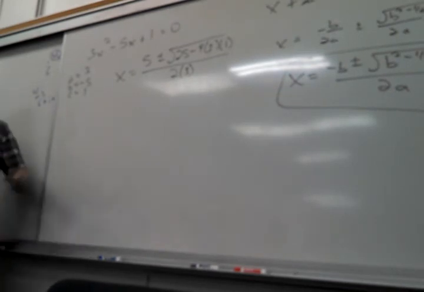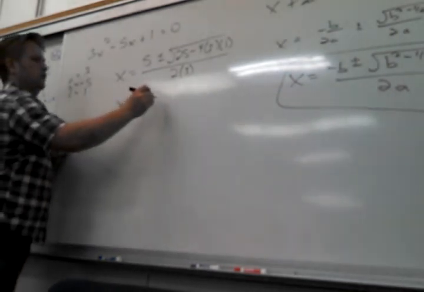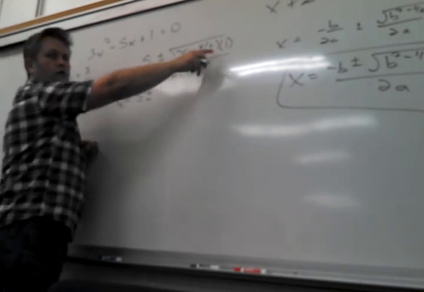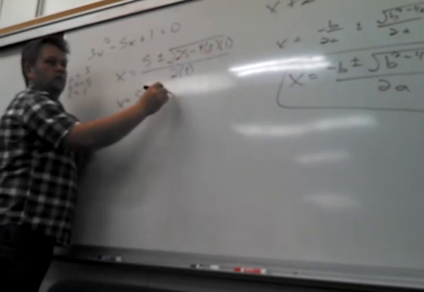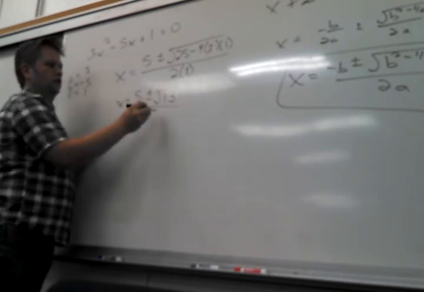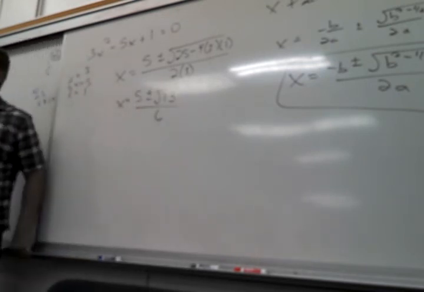So then I get 5, give or take the square root of 25 minus 12, which is 13, all over 6. Okay, we'll just stop right there.